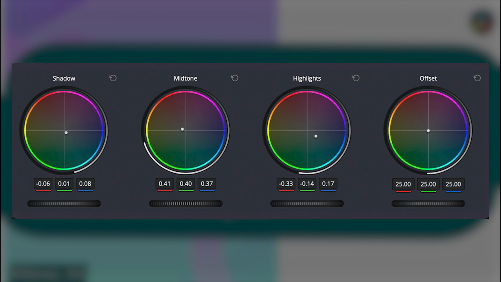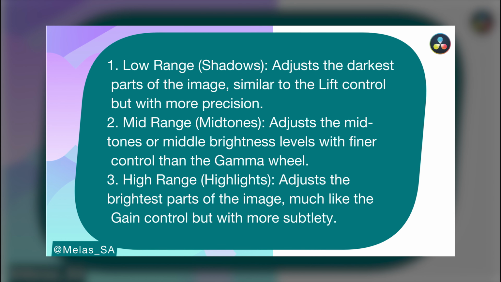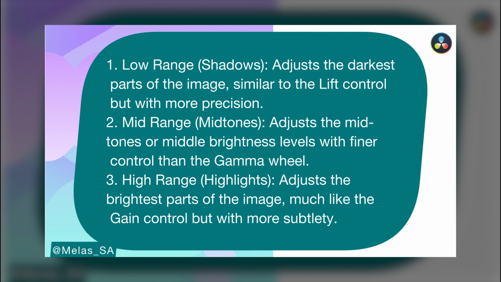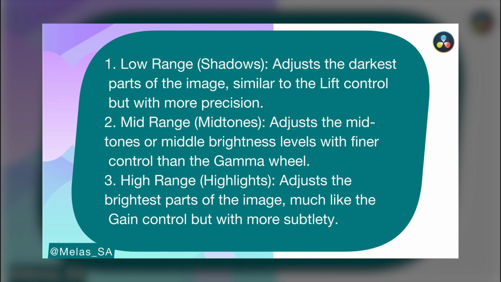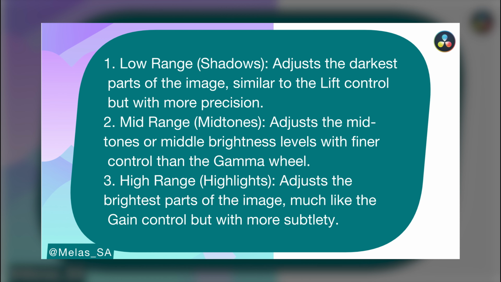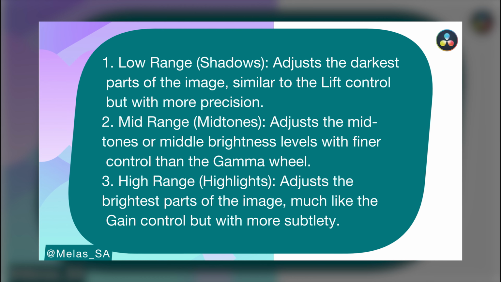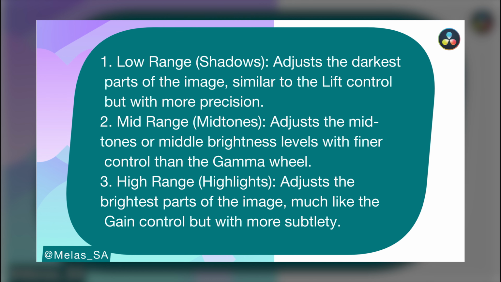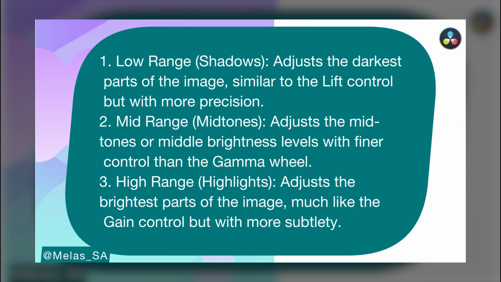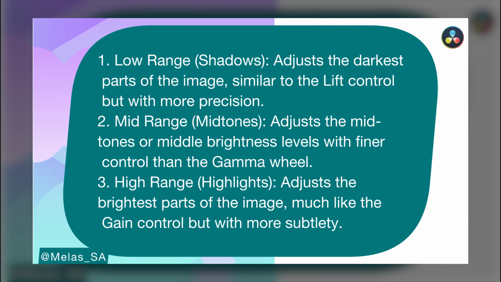So from the little explanation I just gave, I'm sure you've understood what I am trying to say, but let's go over this written note which I have here. Number 1 says low range, which is the shadows. It says adjust the darkest parts of the image, similar to the lift control but with more precision. Just like I explained, it has more control because it is more like a secondary tool.